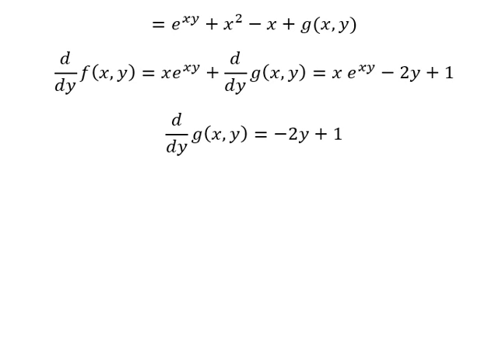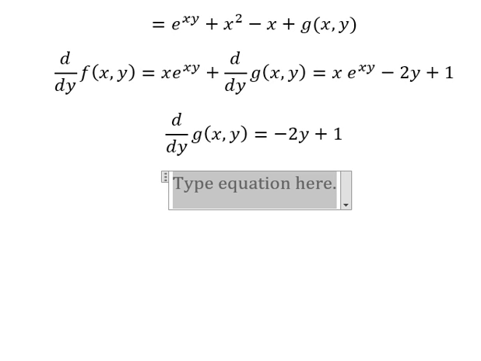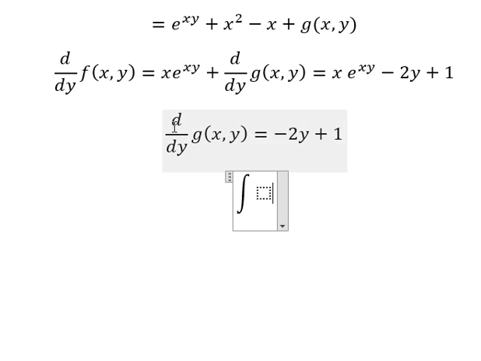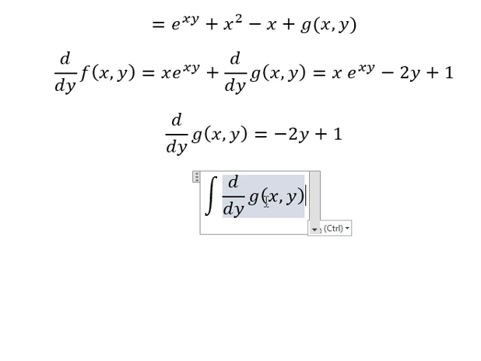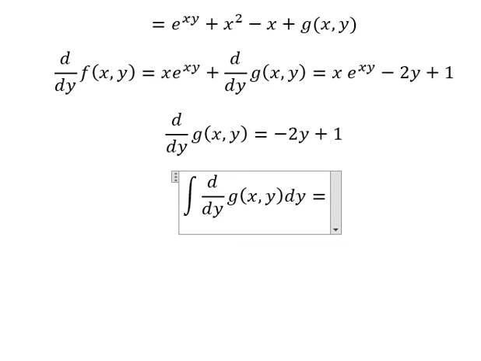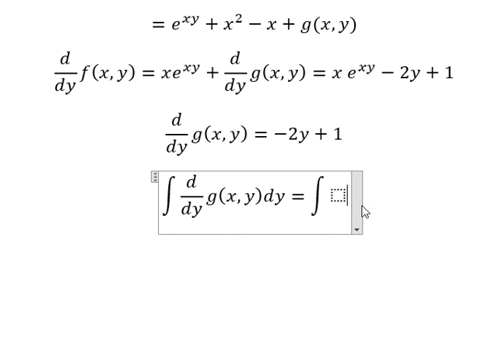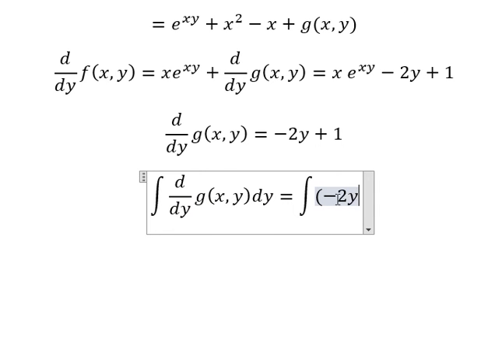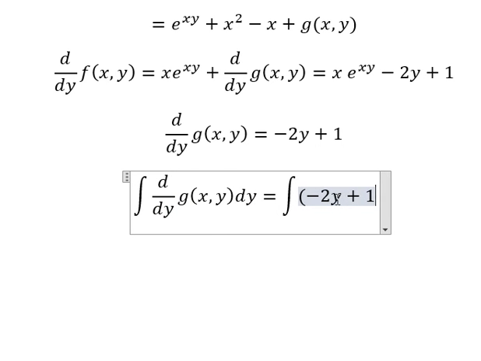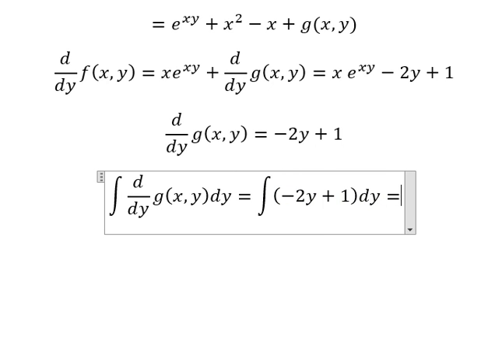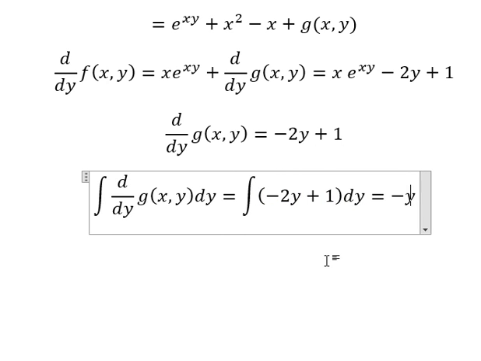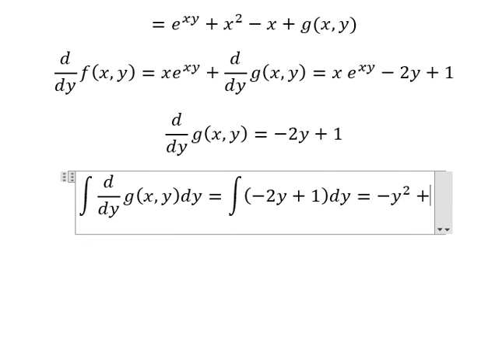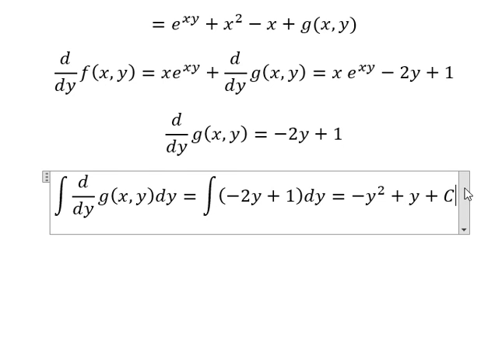Now we need to integral for the both sides. This one we have negative y squared, number 1, that is about y, and I will put about c.